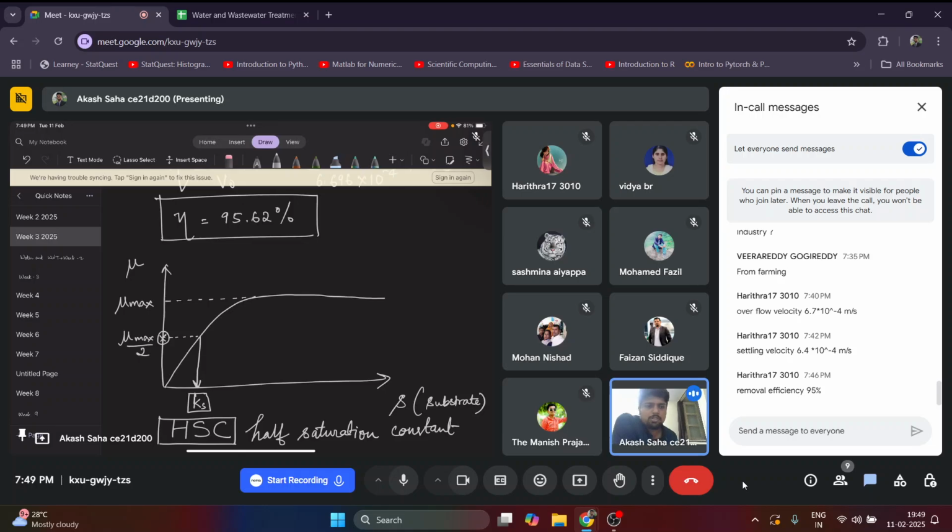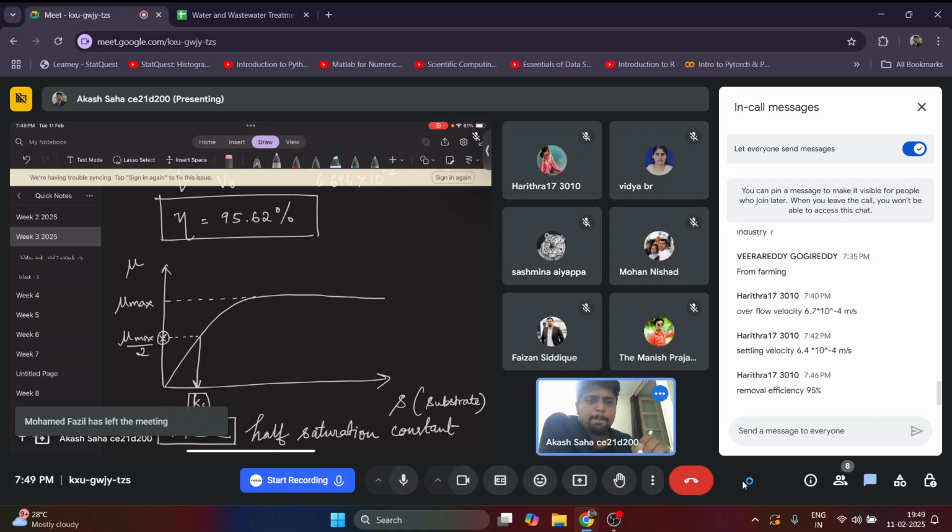Half saturation constant. Have you heard about this term? Guys, please answer. Have you heard about this term, half saturation constant? No. Okay, so just remember that. This Monod equation diagram, do you know?